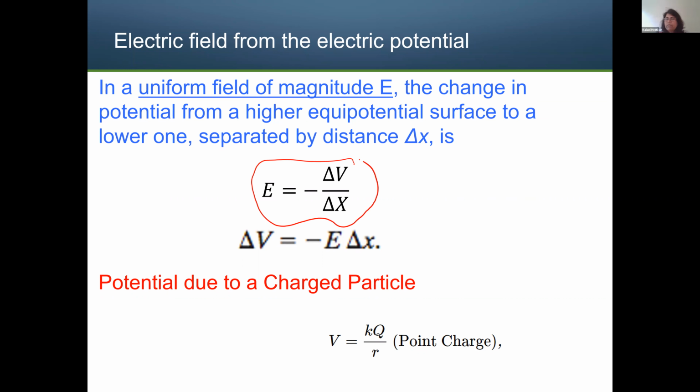So that will be delta V divided by delta X, but there is a negative sign in front, so that gives you the negative value of the electric field according to the potential difference. And the potential of a point charge, we already discussed, is KQ over R.